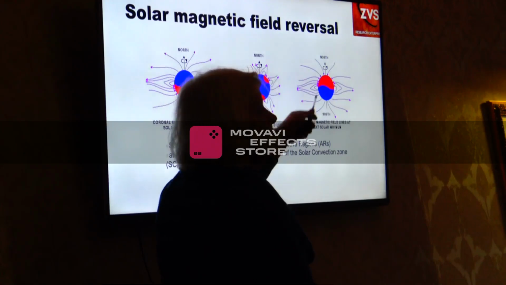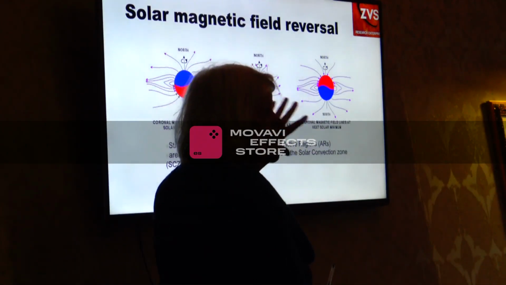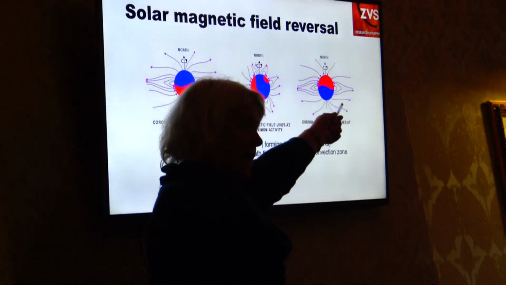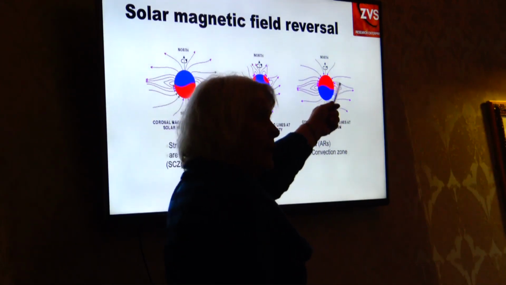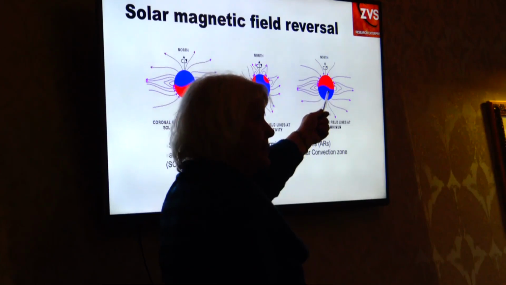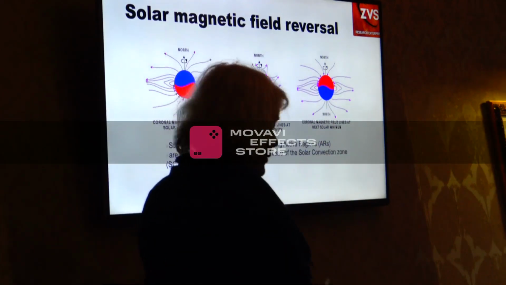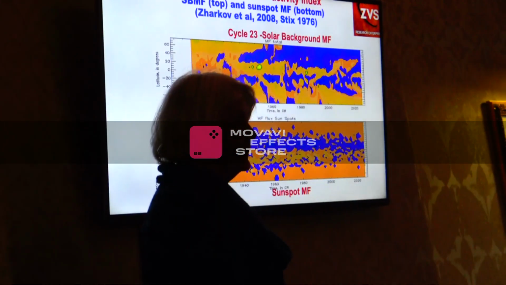During the maximum, polarity is completely twisted. Sometimes both poles have the same polarity because they are twisted. And when we reach the next minimum, voila, the northern polarity becomes south. We need another 11 years to return to this point. So this is how solar activity works.